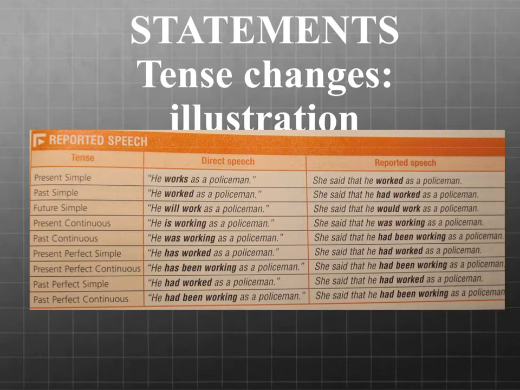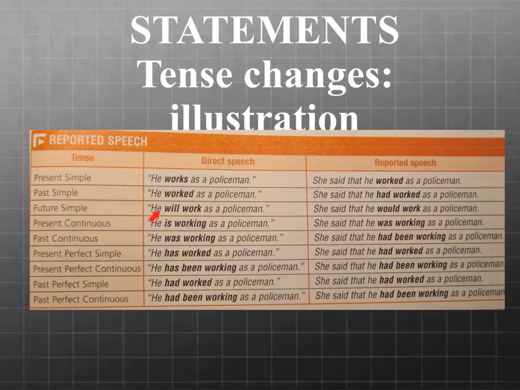What if the sentence is in the past simple? Then you need a past perfect, which is the past of the past. Then if you have the present continuous, he's working as a policeman, then in the reported speech you need to use the past continuous. Okay?